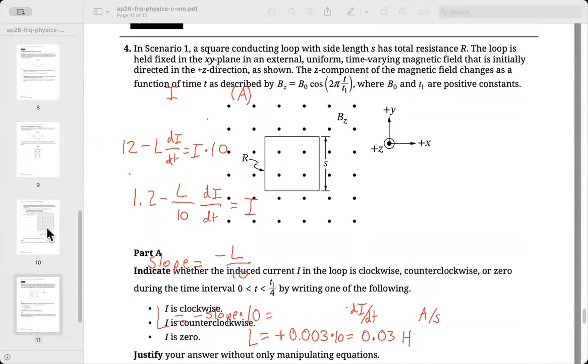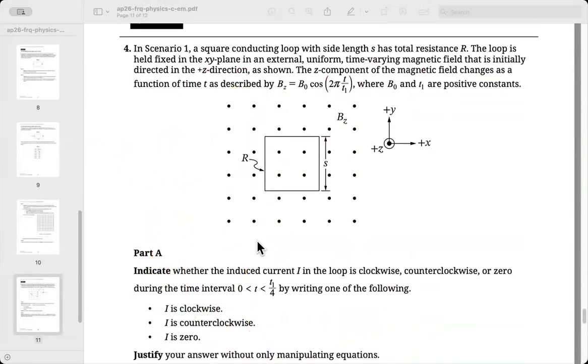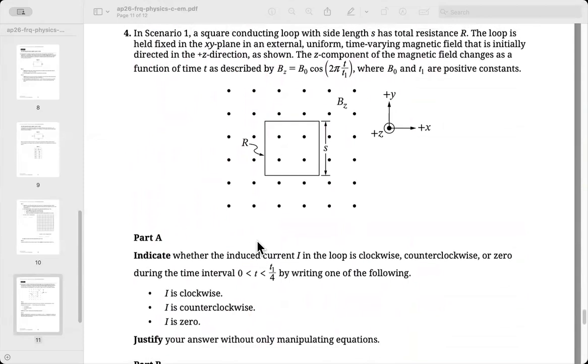For scenario four, it looks like this is going to be a Faraday's law question. You have a square conducting loop and a time-varying magnetic field. Indicate whether the induced current is clockwise, counterclockwise, or zero at the time indicated.